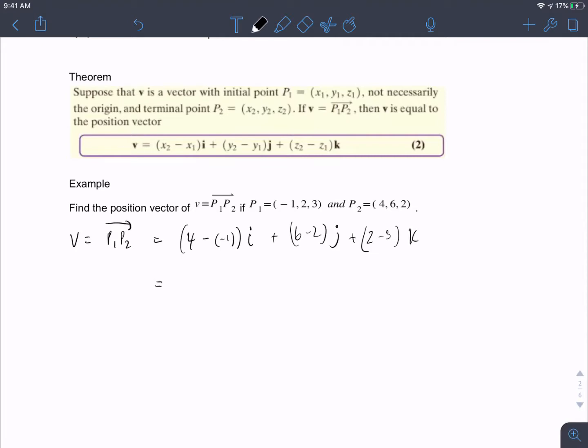We're going to clean this up. We're going to get 5i plus 4j minus k. And this is the vector v of these 2 points that we just did. It's really pretty straightforward. It's just a matter of getting these formulas down.